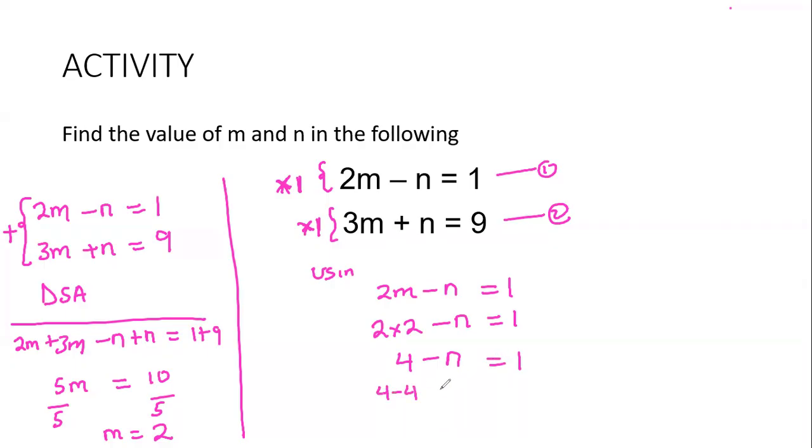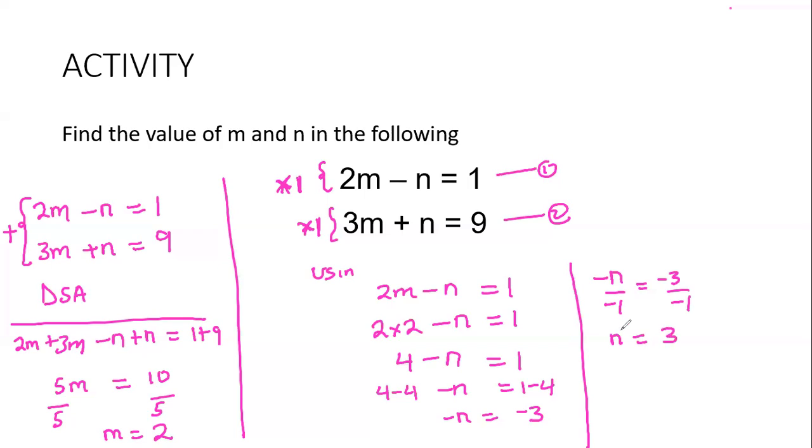So negative n is equal to negative 3. Then you divide by -1 on both sides. So n is equal to 3. Perfect. Okay, thank you so much. That is very correct.